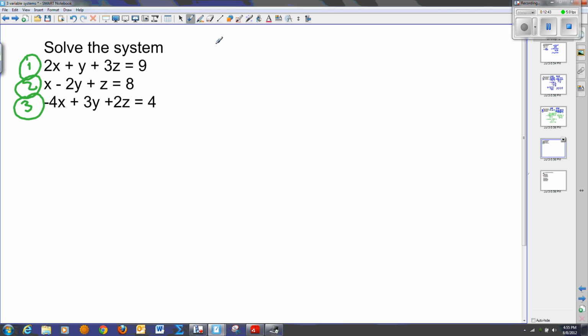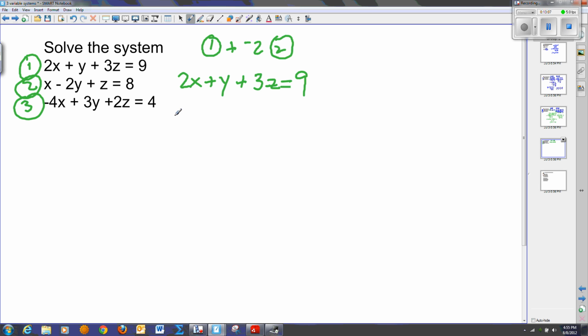I will choose to take equation 1 and add that to negative 2 times equation 2. Equation 1 is 2x plus y plus 3z equals 9.